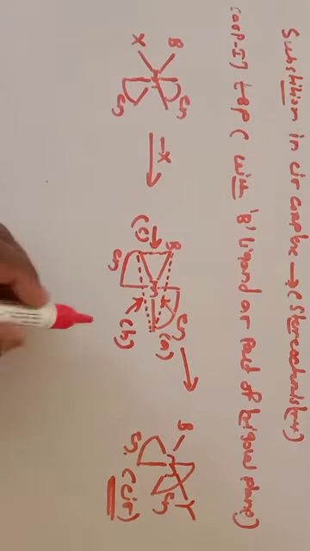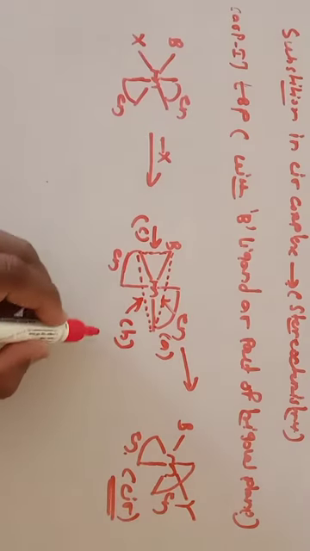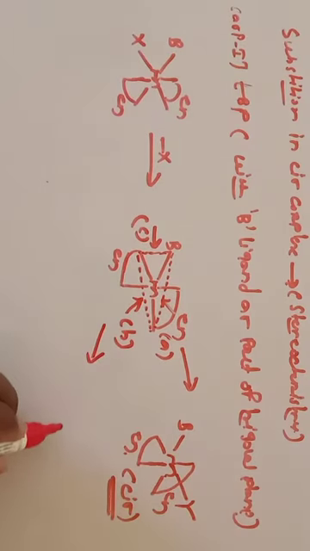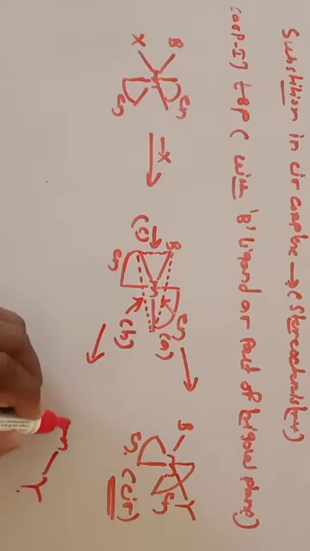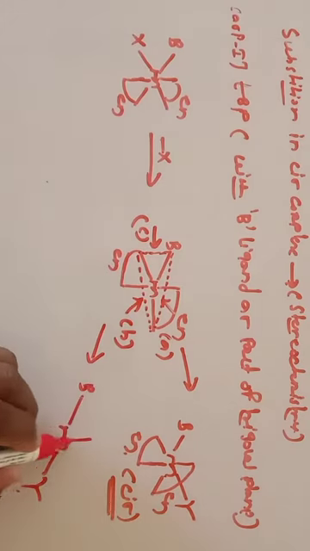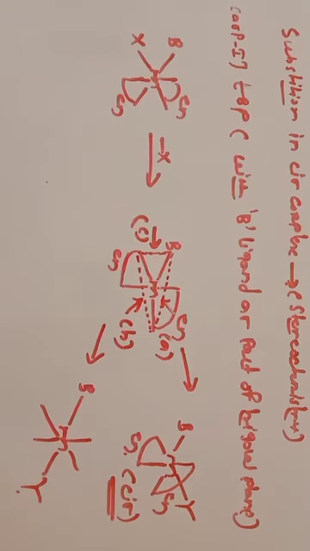So what is the product when it is attacked from the B side? We get M, this is your Y, this is your B, and the remaining is like this. This is the case when it is attacked from the B side of the triangle.